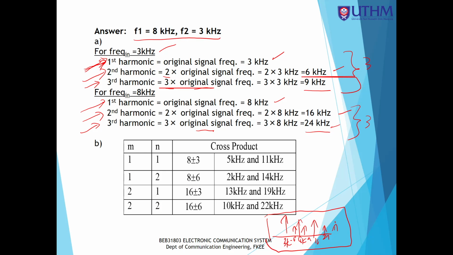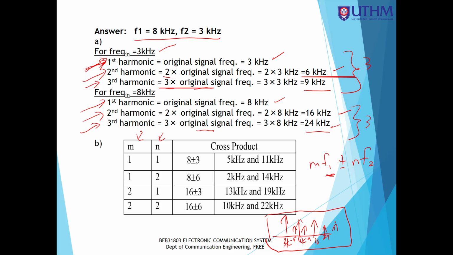Kalau you lihat, dia buat dalam bentuk tables. So you have M and N here, and then the cross product. Remember cross product adalah M F1 plus minus N F2, yang mana F1 mesti lebih besar daripada F2.